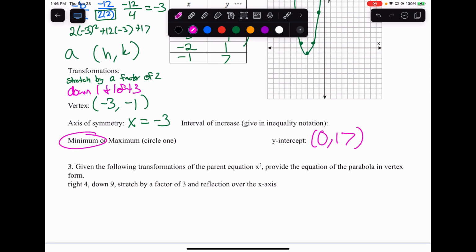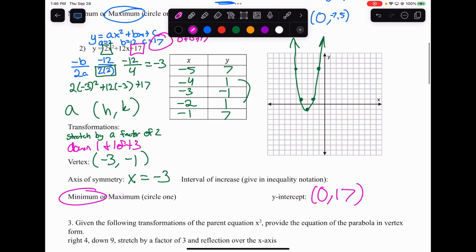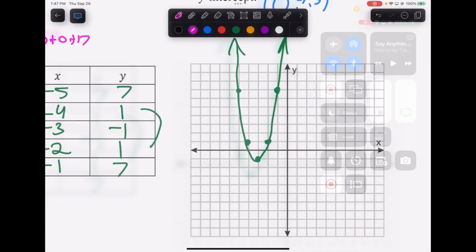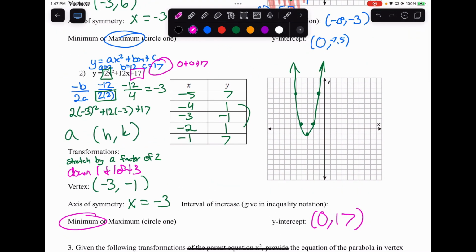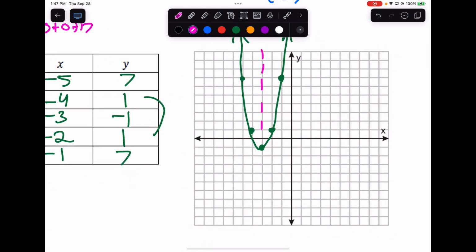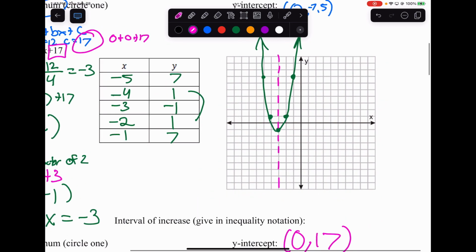All right. Now we have our interval of increase and decrease. To find our interval of increase and decrease, it's a good idea to draw in your axis of symmetry, because that shows you the cutoff point. This one is specifically asking for increase.